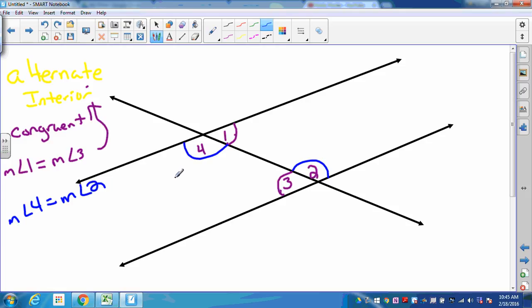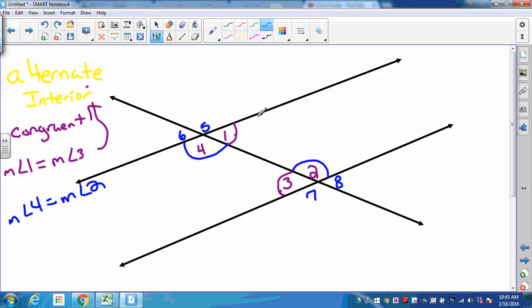Now the next thing I want to talk about are alternate exterior angles. Exterior angles are again on the outside of your parallel lines. So we're going to name this angle 5. We'll go here with 6, 7, and 8.